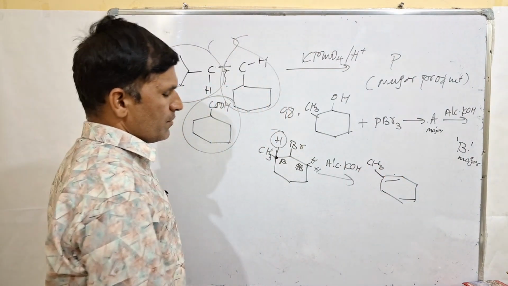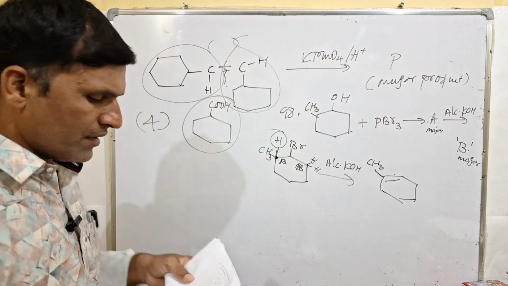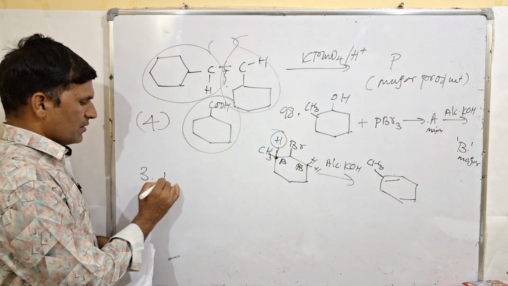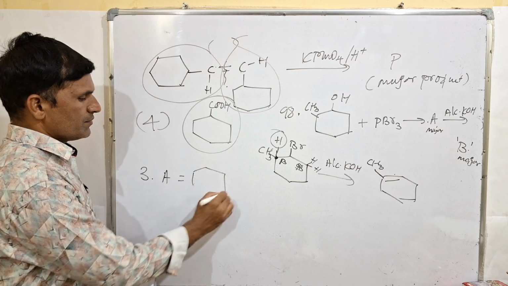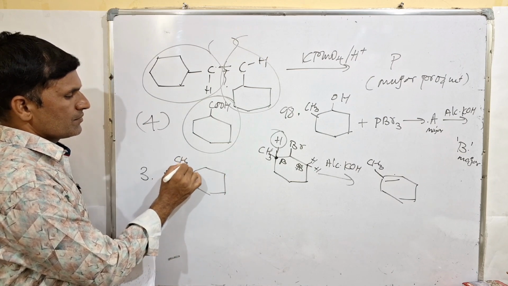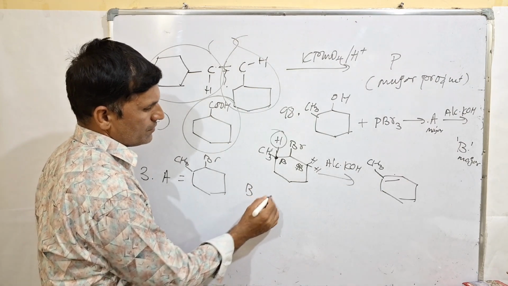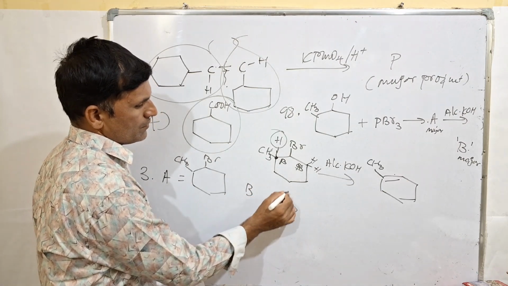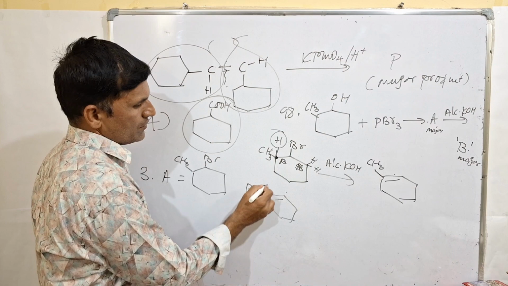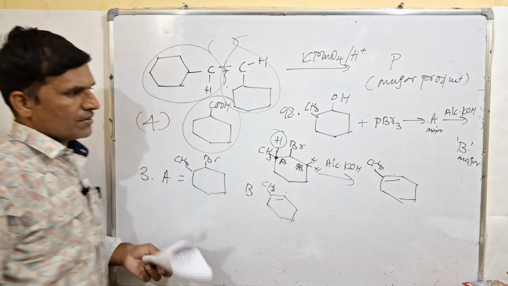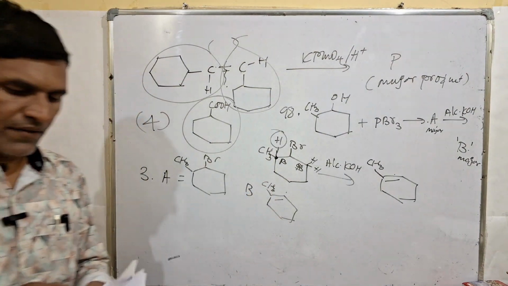First product and second product, your right option is the third option. So A is equal to Br and B is equal to the substituted alkene. So this is how you have to identify the products.